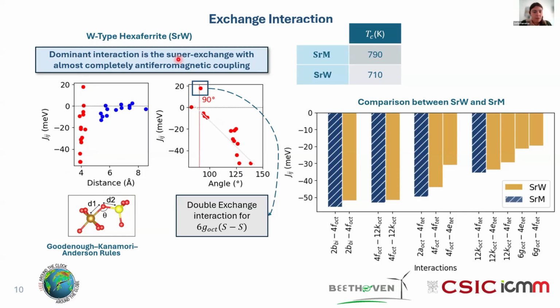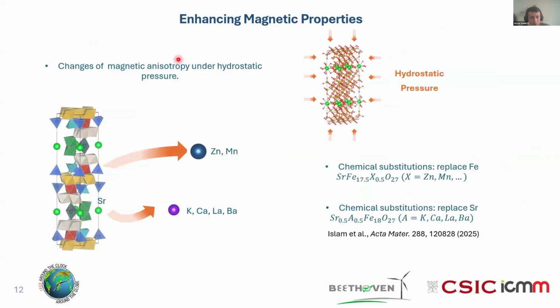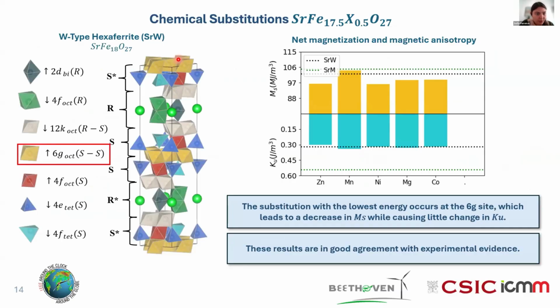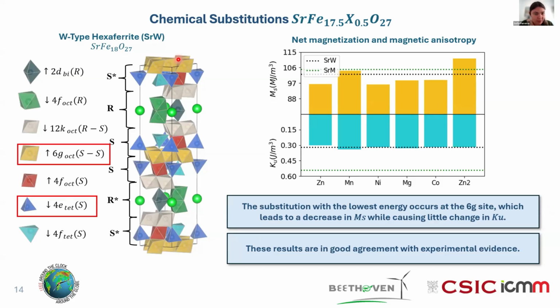Okay. And can you maybe go to slide 14? Yeah, you mentioned that it decreases the magnetization for all materials, except for manganese. Do you have any idea why manganese is different?